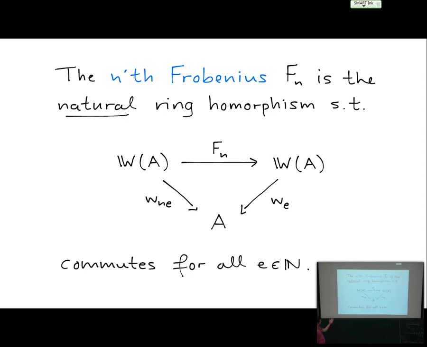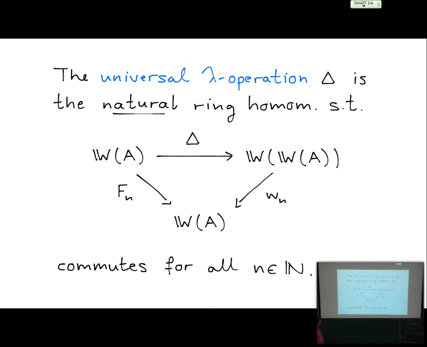For example, if A is an F_p-algebra and n is p, then this is just induced by the Frobenius on A, but this exists for any commutative ring A. Similarly, there's this map called the universal lambda operation.